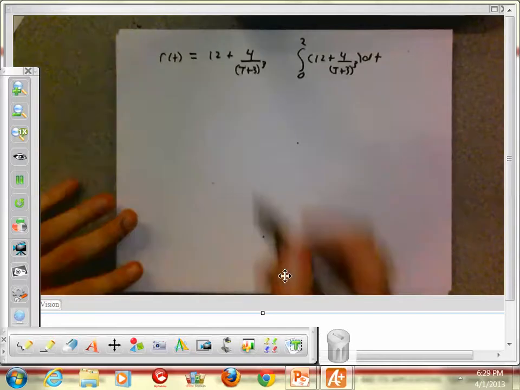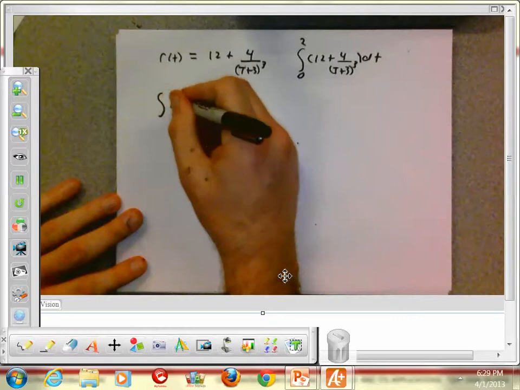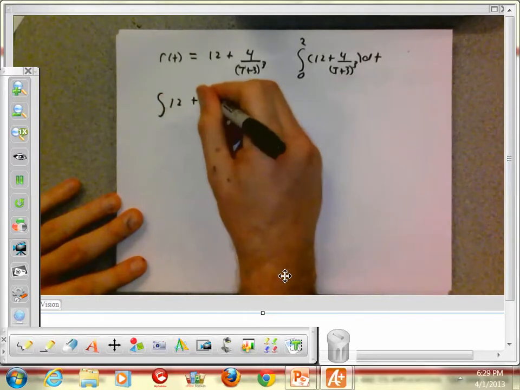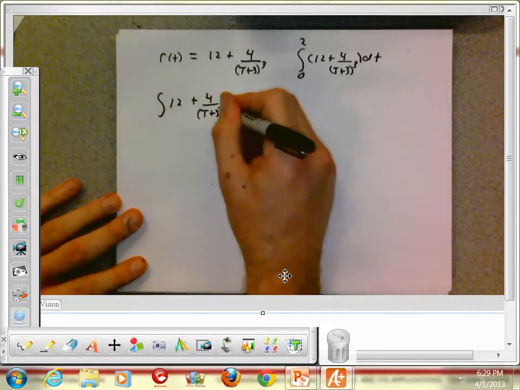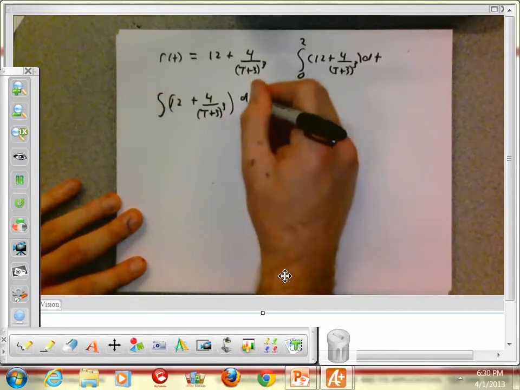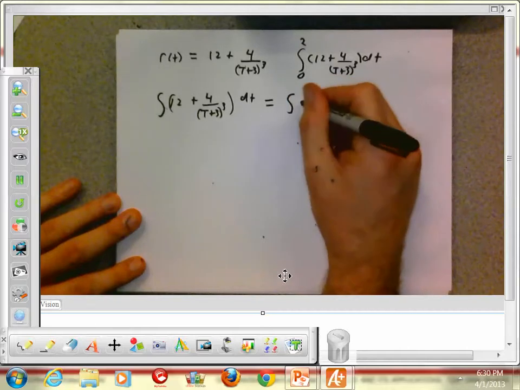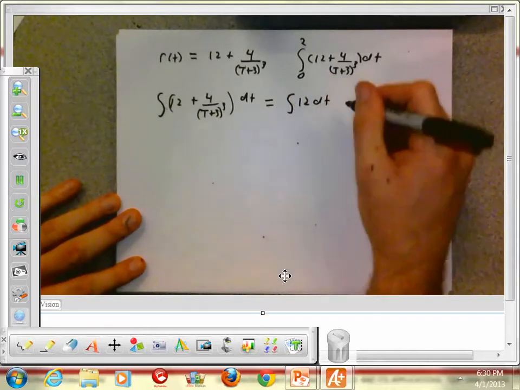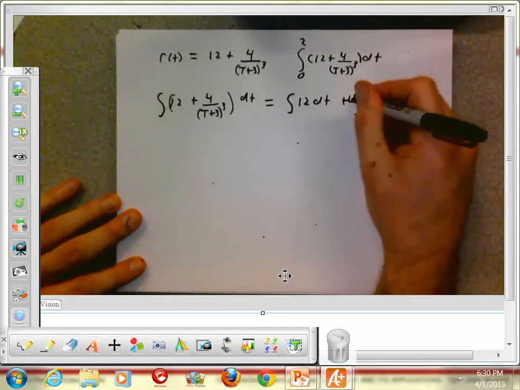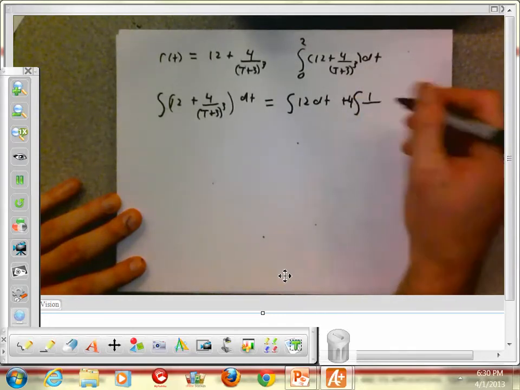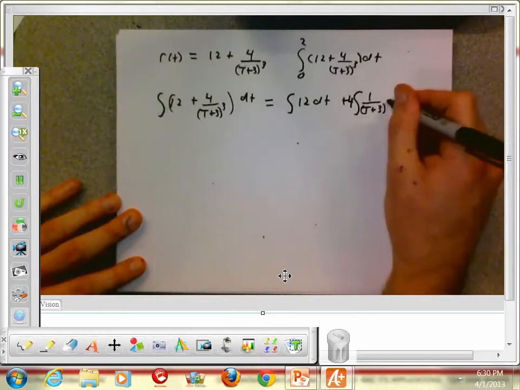So I'm going to start by looking at just the indefinite integral of 12 plus 4 divided by T plus 3 quantity cubed dt, which is going to be equal to the indefinite integral of 12 dt plus the indefinite integral of 4 times 1 over T plus 3 cubed dt.